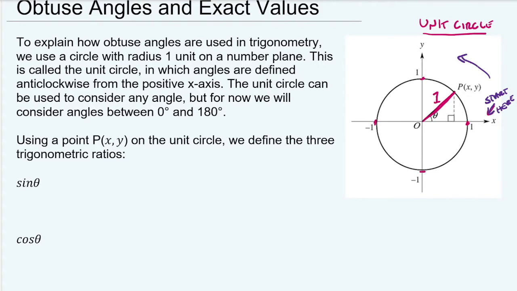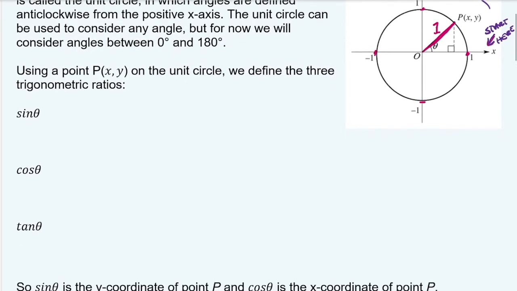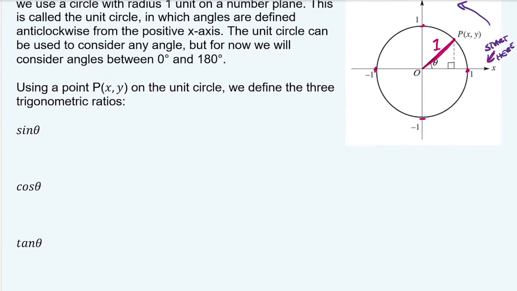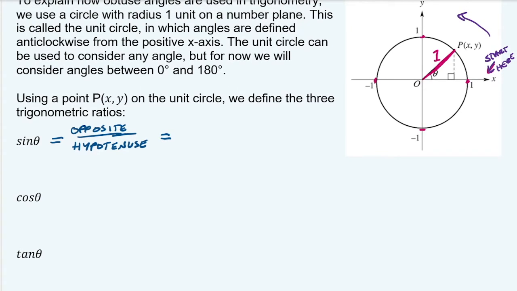Now if we look at our unit circle, we can redefine our three ratios. We have sine theta. Now sine theta is still the opposite over hypotenuse. That hasn't changed. But if you have a look at the unit circle, if we want the opposite side, let's go green for opposite.